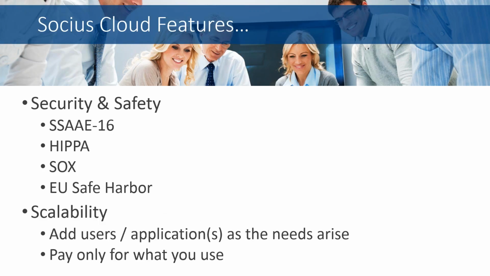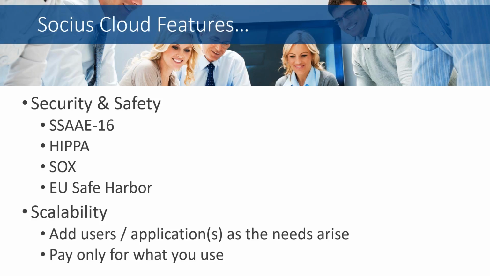As we look at Socius Cloud features, the question always comes up about different types of security at our data center and what kind of risks are mitigated through going to a data center. Socius has multiple layers of physical security at our data center, and again at the location of our racks within the data center. We have Active Directory security logins to the servers and what the users can access.